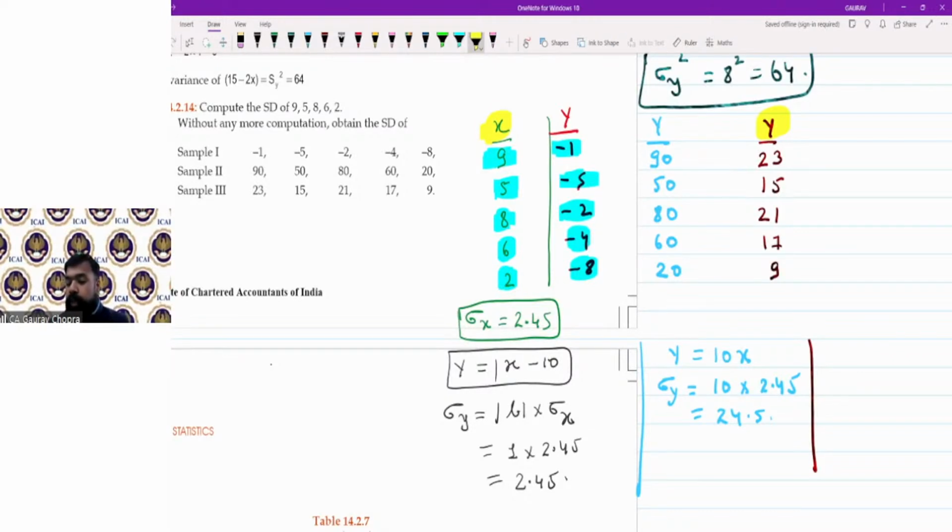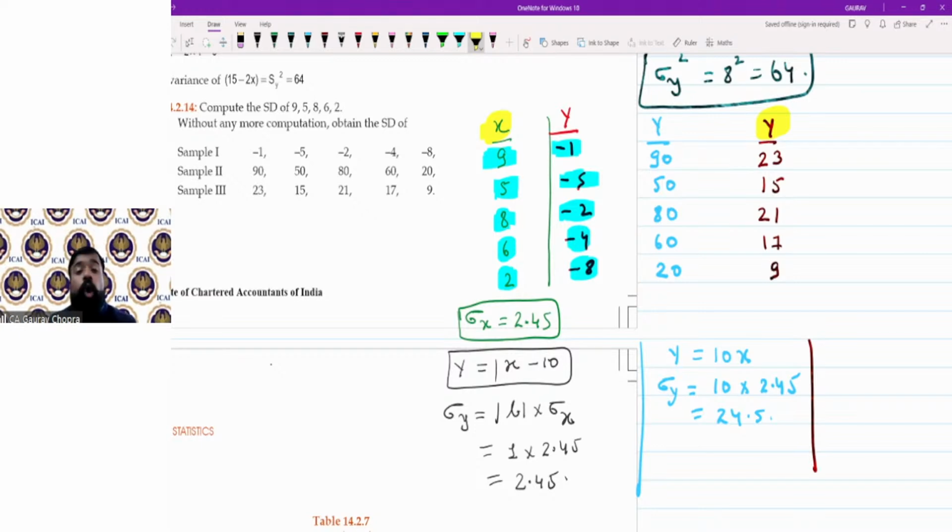Shreya Tiwari says it remains unaffected due to change of origin, but it is not exactly a change of origin. If you see, the difference is not the same. 9 plus 14 gives 23, 5 plus 10 gives 15, 8 plus 15 gives 21. So you cannot say that it is only addition or subtraction.